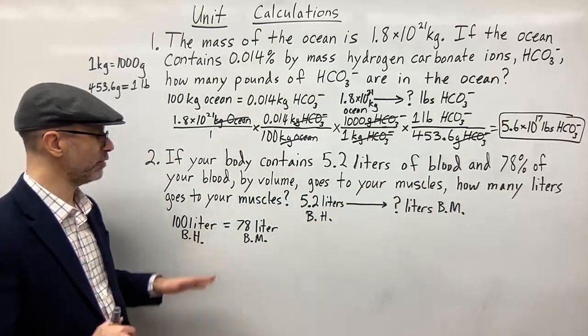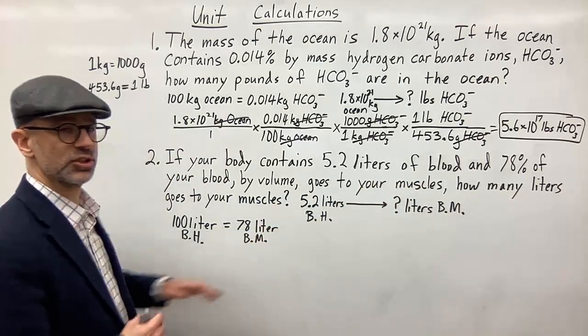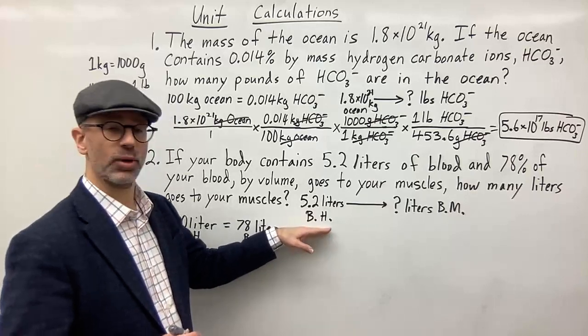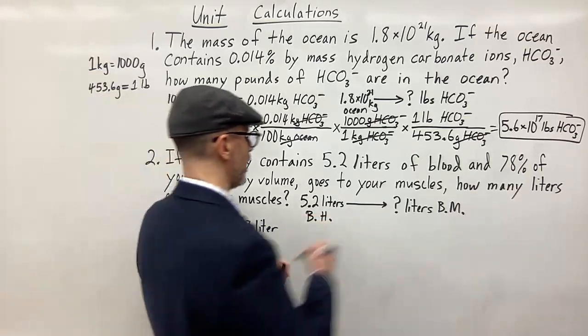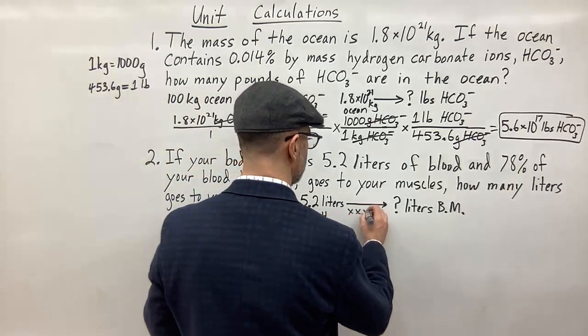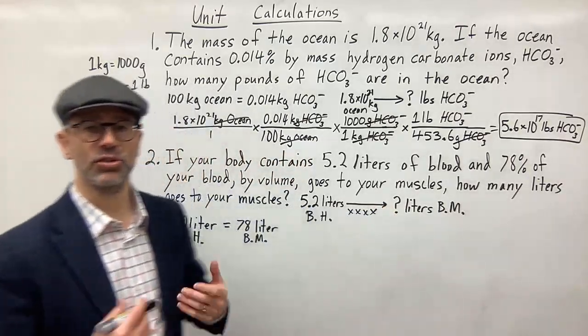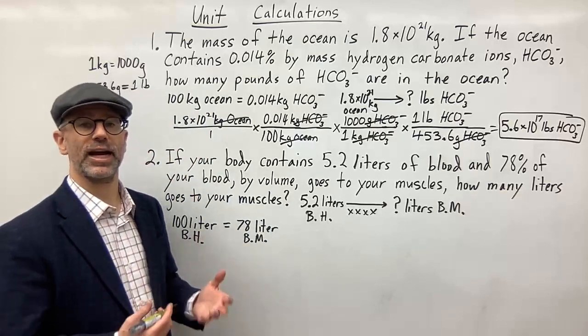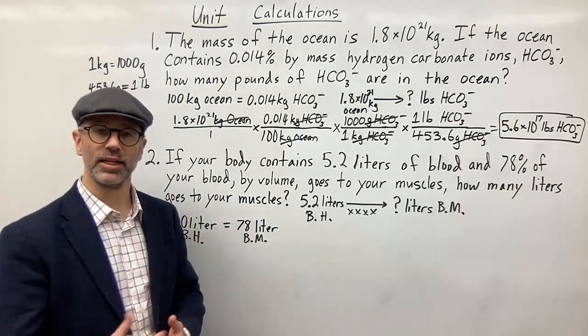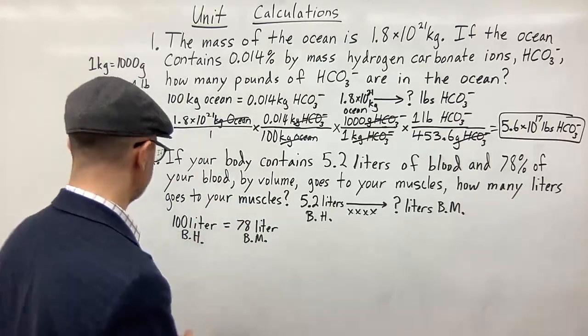So now that we have everything set up, we start with where we start, and we multiply by conversion factors until we get to liters of blood to the muscles. Once we get there, we stop, we do our calculation, and we find our answer.